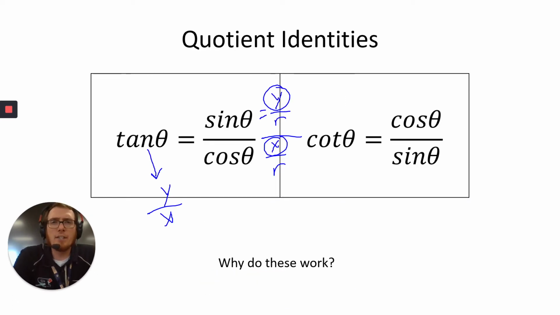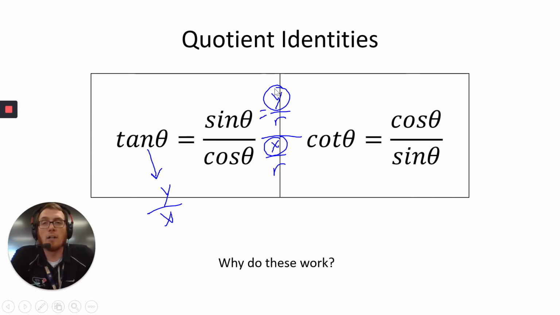The other identities that you want to know really well, probably the one that's used most often later on, maybe not necessarily in our class, but in trigonometry in general, is the tangent quotient identity, which says tangent of theta is the same as sine divided by cosine. Tangent of theta is sine over cosine because sine is y over r. If you look here in the middle, I tried to write some things out.